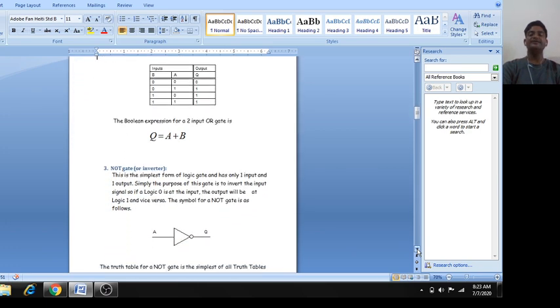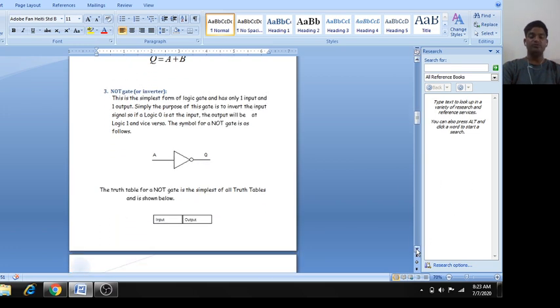Now the next basic gate is the NOT gate. This is the symbol. In the case of the NOT gate, there is only one input and one output. Suppose input is A, output will be Y equal to, or Q equal to, A bar.